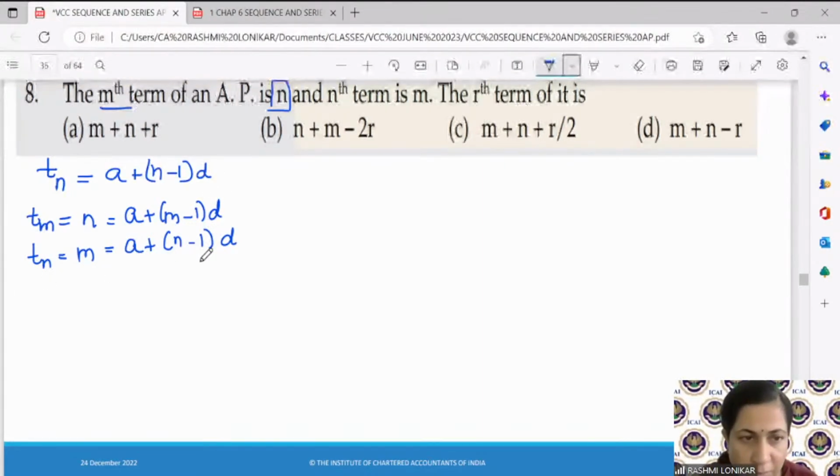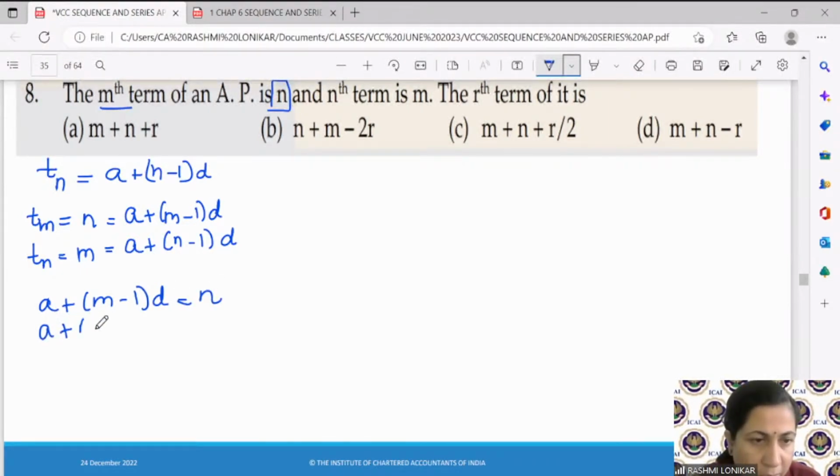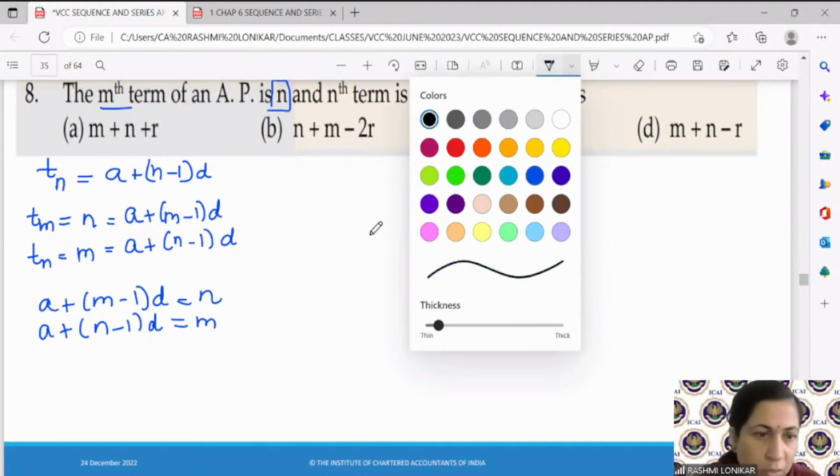Now this is simply two simultaneous equations. So I have a plus m minus 1 into d is equal to n, and a plus n minus 1 into d is equal to m. Now what I do is I subtract the equations.